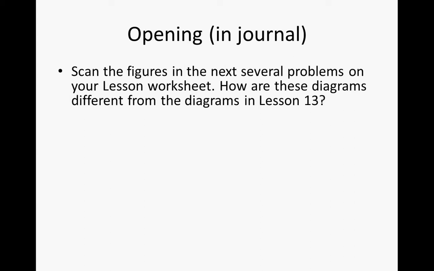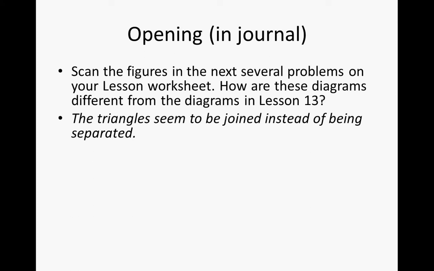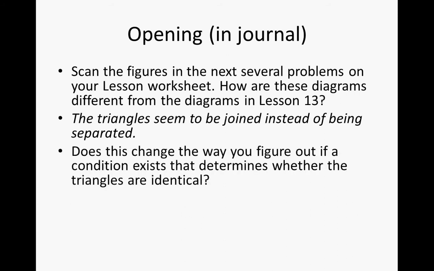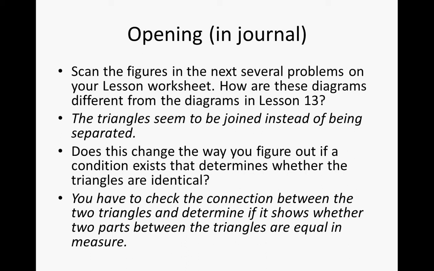You would notice that the triangles seem to be joined instead of being separated. Does this change the way you figure out if a condition exists that determines whether the triangles are identical? Well, you have to check the connection between the two triangles and determine if it shows whether the two parts between the triangles are equal in measure.